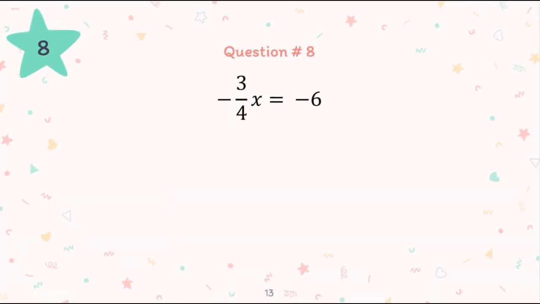So we're going to do the same thing, and we're going to flip it around. So we're going to do negative 4 over 3 times negative 3 over 4. And what we do on one side, we do on the other one. So to make it easier, we're going to do negative 6 over 1 times negative 4 over 3. And 4 times 3 is 12.